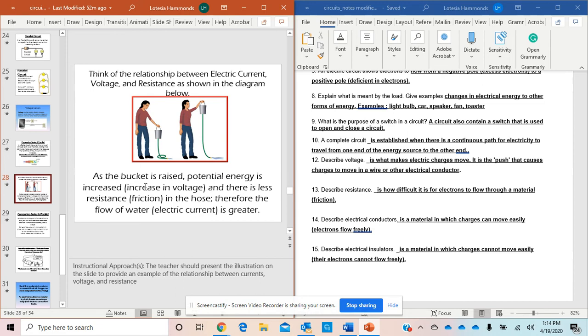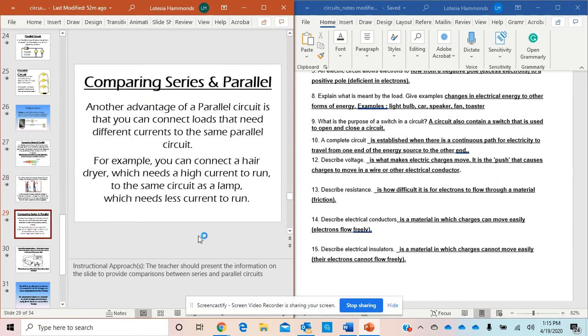So the voltage is increased, and then there's less resistance in the hose, therefore the water flow, also referring to electricity current, is greater. So the lower she has it, there are different directions that the water has to flow. It slows it down a little bit. But when she increases the height or the potential energy, there's an easier flow for the water, whereas there's an easier flow for the electricity.